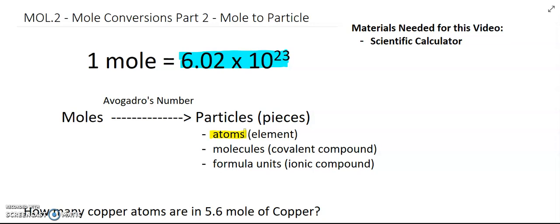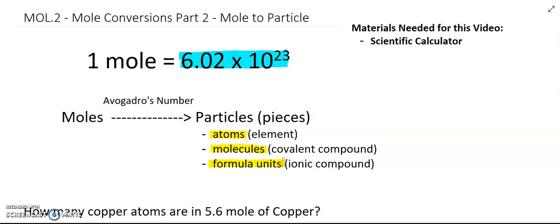If we're talking about how many pieces of water are in your glass of water, we're probably going to use the term molecules, because pieces of covalent or molecular compounds are referred to as molecules. And if we're going to talk about the number of pieces of NaCl in your salt shaker, we're probably going to use the words formula units, because ionic compound pieces are referred to as formula units.